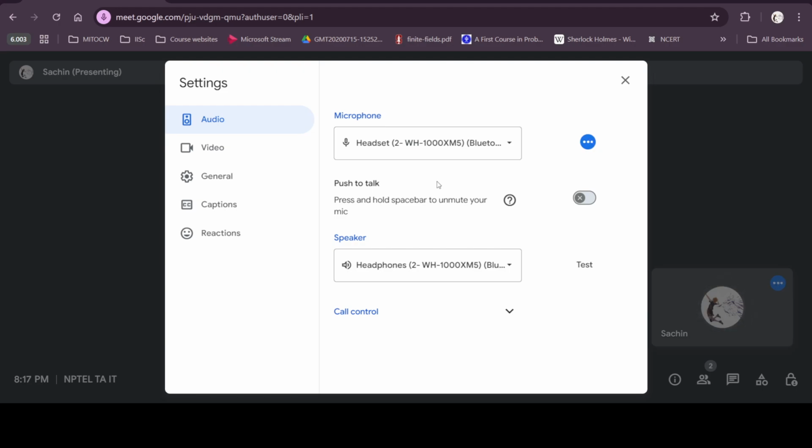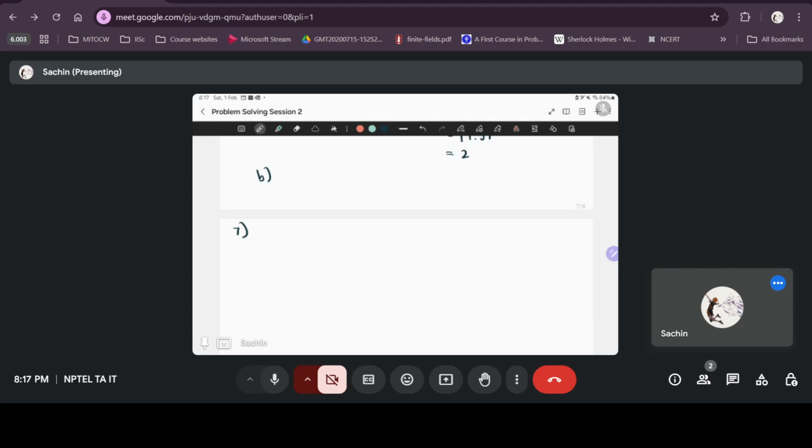Okay, I'm switching to the microphones in my headset. Sometimes it switches back to the laptop microphone, which is not very clear.